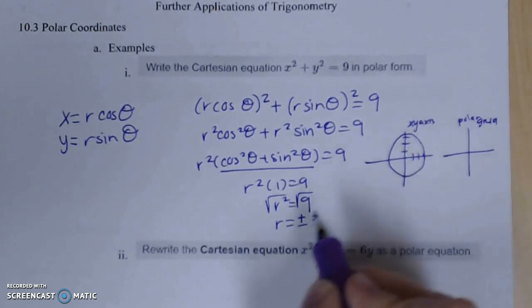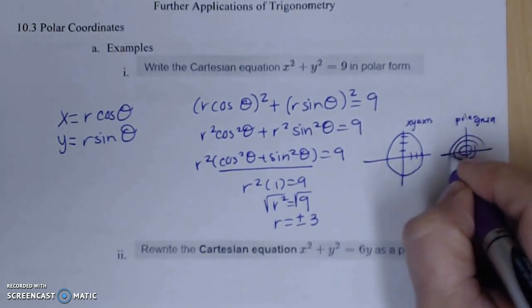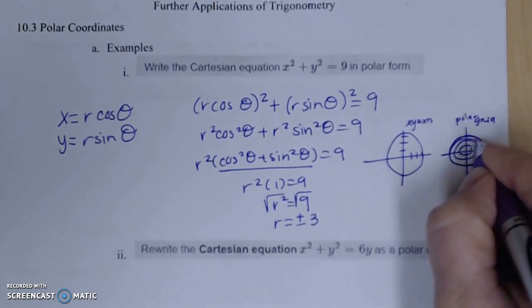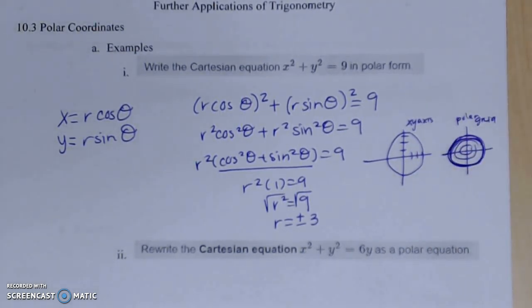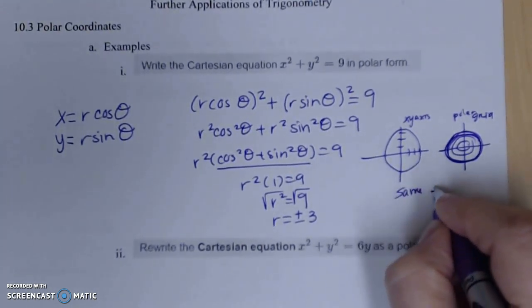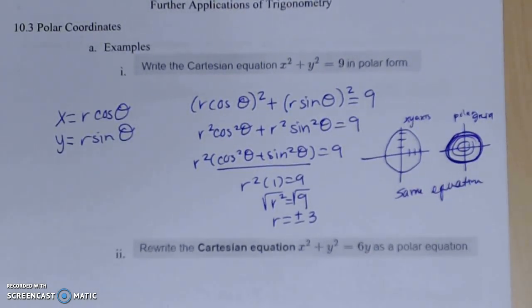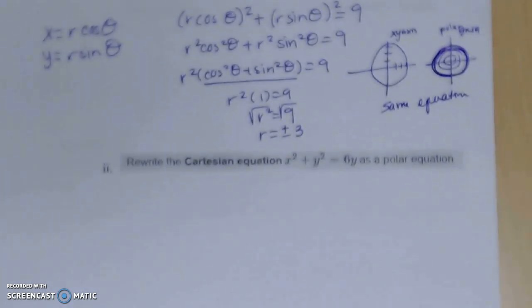And then on the polar grid, r equal to plus or minus 3 is just looking at your concentric circles, and it would be this third circle out here. Whether it's positive or negative, it would still create the same circle. So it's really interesting that this is the same equation, and graphically it creates the same picture whether I'm on my xy axis or my polar grid.